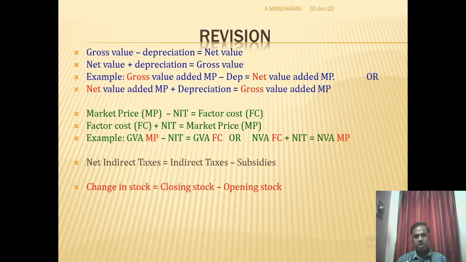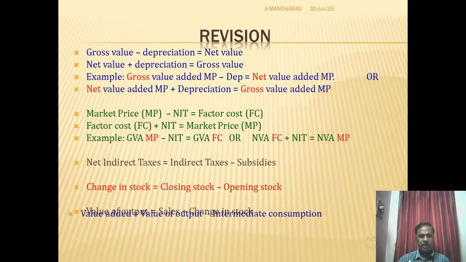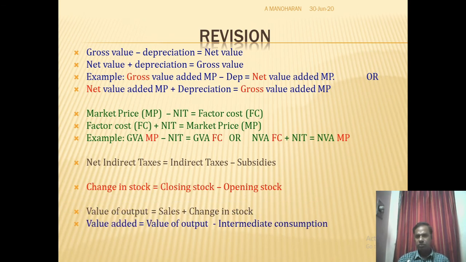How to calculate change in stock: closing stock minus opening stock. Value of output: sales plus change in stock. Value added: value of output minus intermediate consumption. All these things we have studied in the last class. I am just reminding you here.